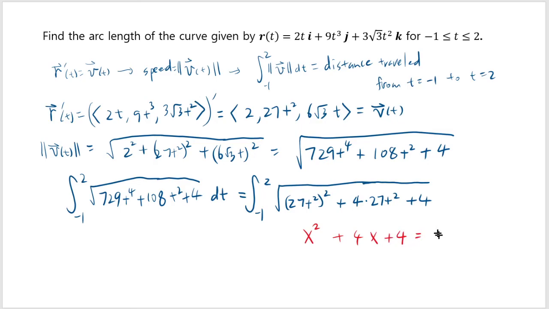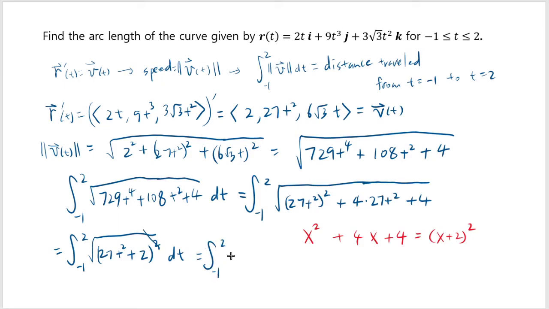And we know this is x plus 2 squared. So using this fact, we can rewrite the integral from -1 to 2 of the square root of (27t squared plus 2) squared dt. And these two cancel, and you just have the integral from -1 to 2 of 27t squared plus 2 dt.